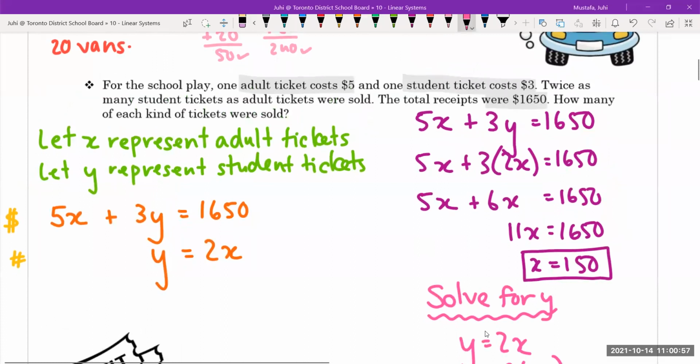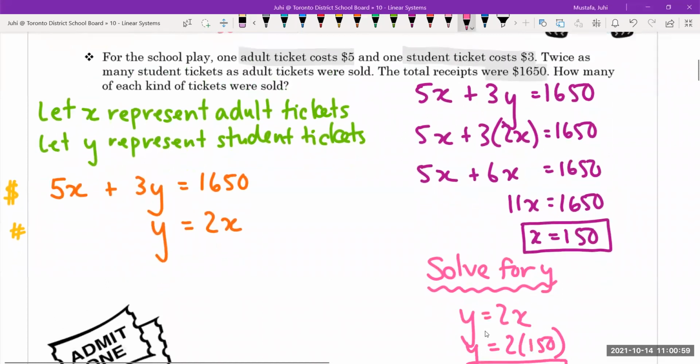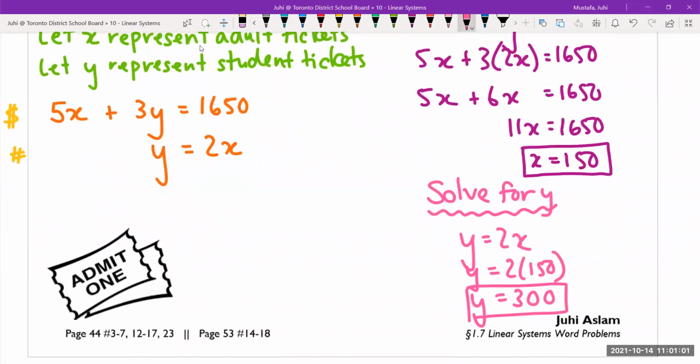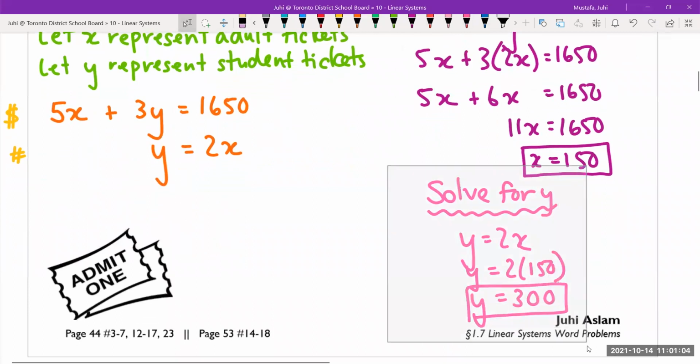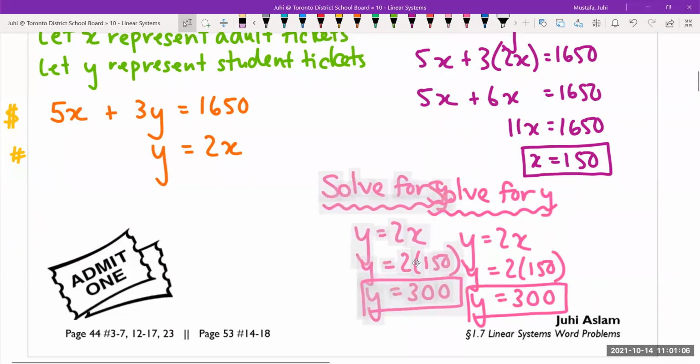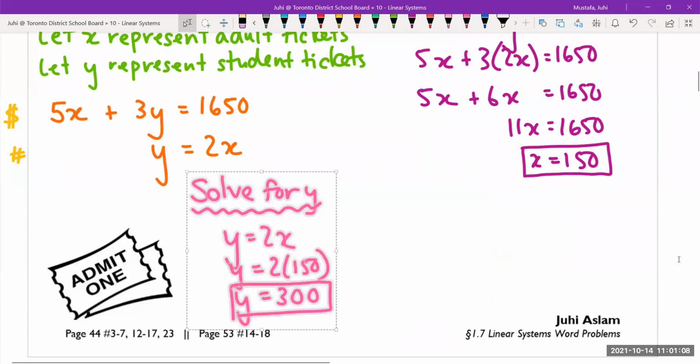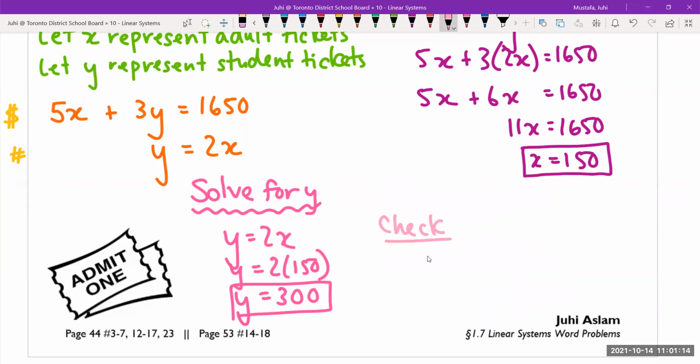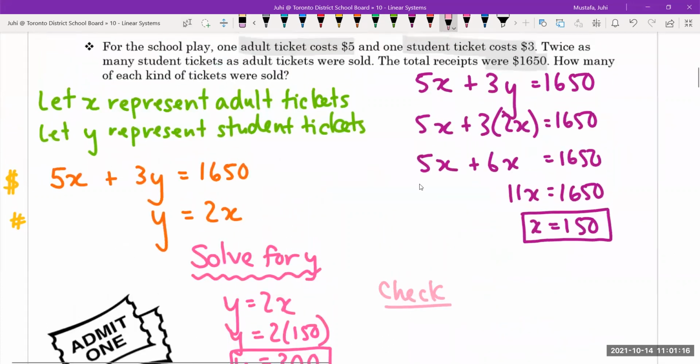Let's do our check. So the question says, and again, I'm just going to do a logical check. So let me move this stuff over here. For my logical check, I want to make sure, I guess you could do a left side, right side here.